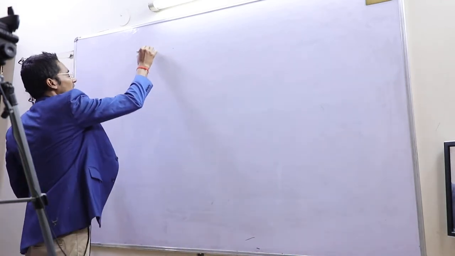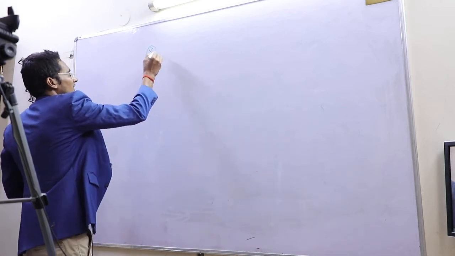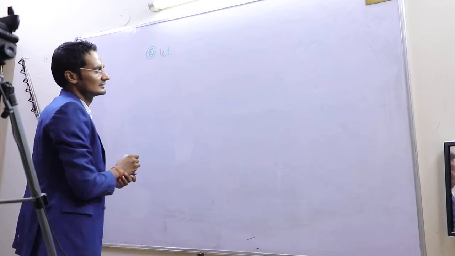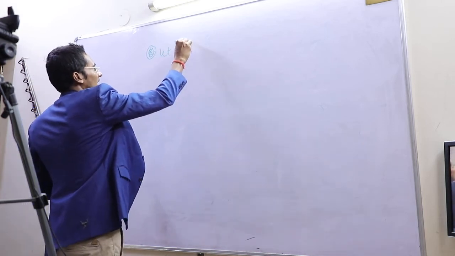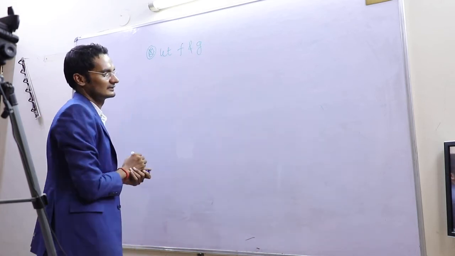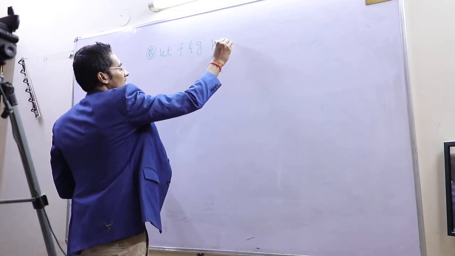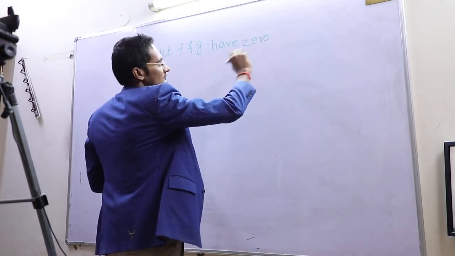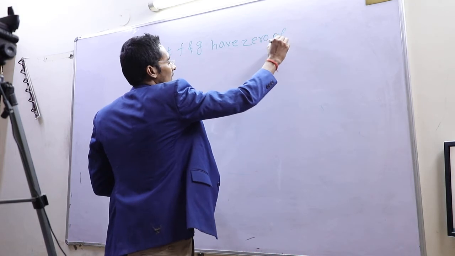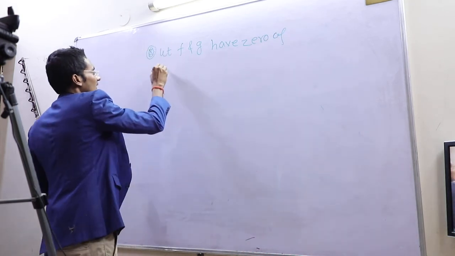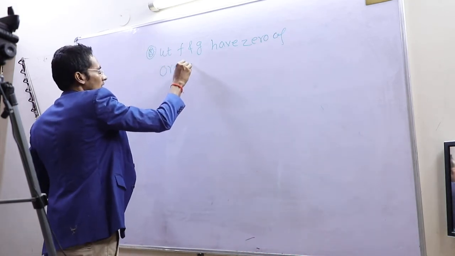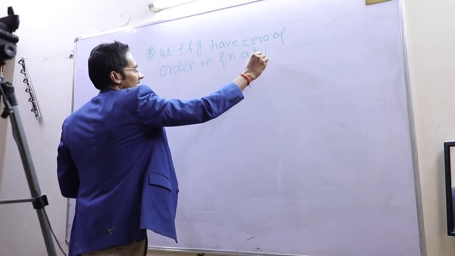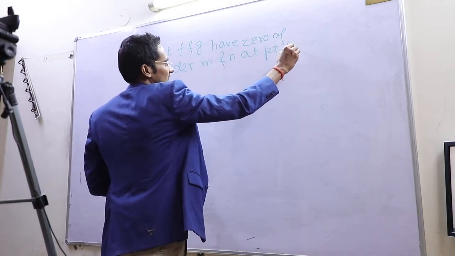So, write one question. Let f and g have zero of order m and n at point z naught.